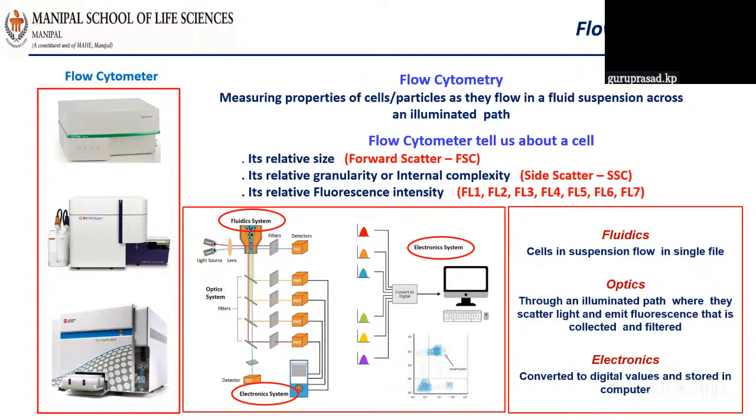When you are suspending cells in a fluid, what actually happens in the instrument is that the fluidic system allows these cells to flow in a single line, like a queue. One cell moves after the next one. In other words, cells are moving in a queue in the instrument in a single line when they are passing through the light.